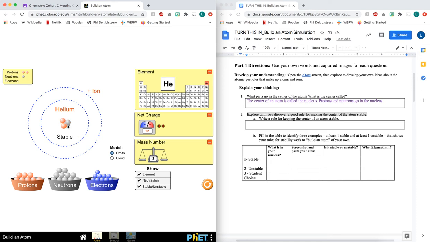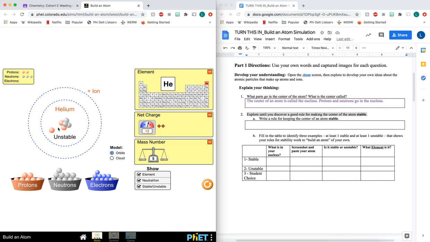So let me take out one of the neutrons. Okay, 2 protons, 1 neutron, that's stable. Let me add another neutron. Unstable. Another thing to note for later is that when we have 3 neutrons, that hasn't adjusted our charge at all. Neutrons are neutral and have no effect on the charge of an ion or atom.